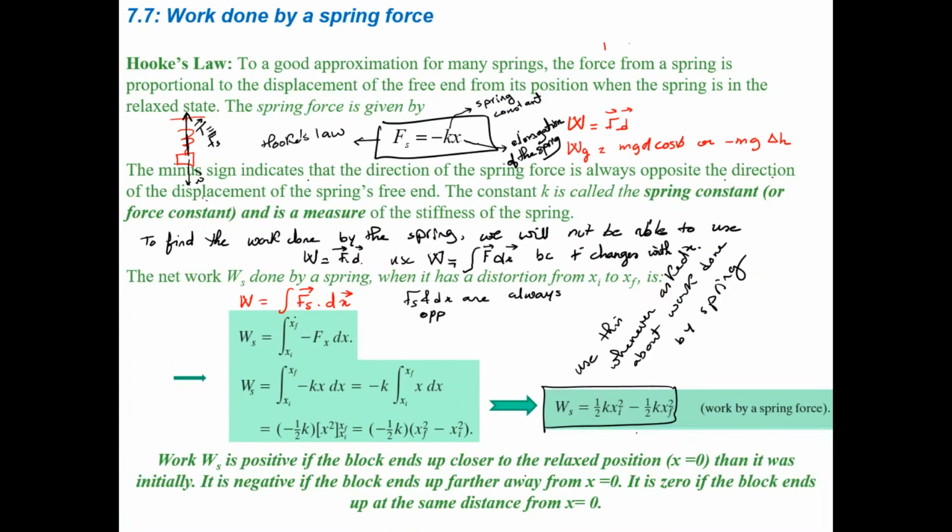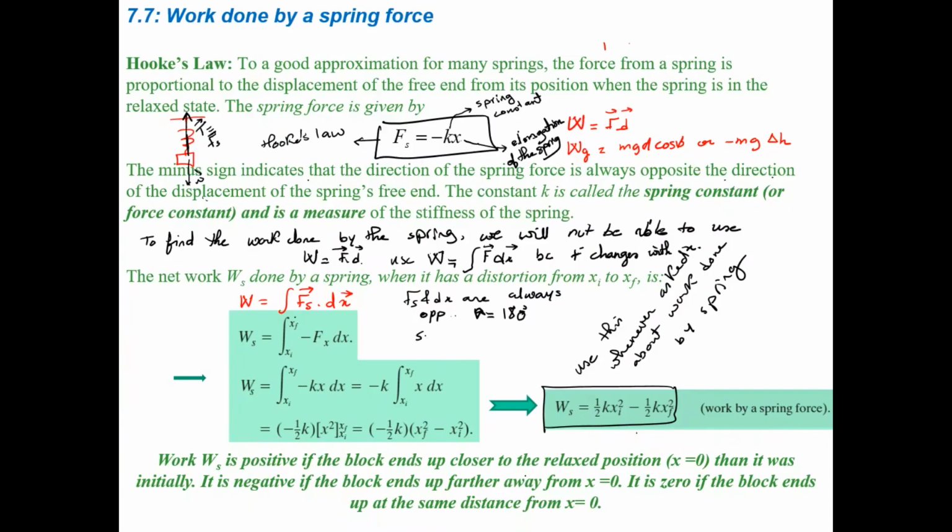So since they are always opposite, what can I say about the angle between them? Theta is equal to 180 degrees. And if theta is equal to 180 degrees, then cosine theta for the scalar product is going to be equal to -1.